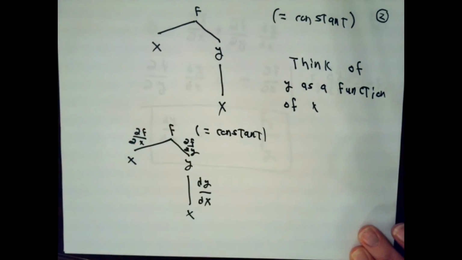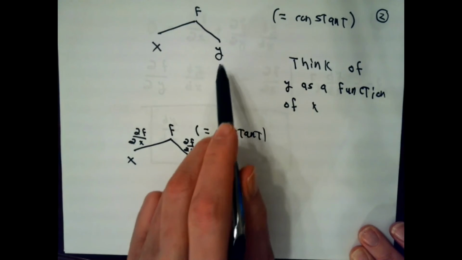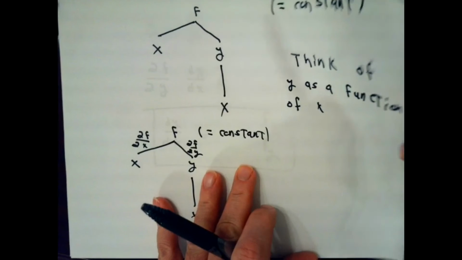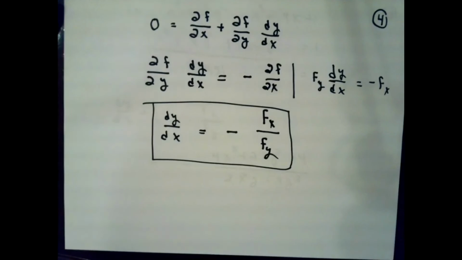At that level in the calculation, I'm thinking of the x and the y as independent variables, and only when I move to this layer of the picture do I take into account that I'm thinking of y as actually depending on x. So despite appearances, despite the fact that f is a constant, in one context, its partial derivatives are typically not 0.